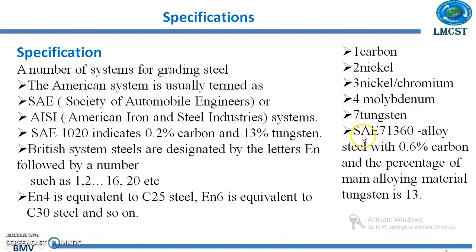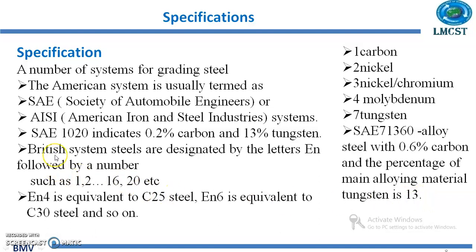SAE 1020 indicates 0.2% of carbon. And SAE 71360 means alloy steel with 0.6% of carbon and the percentage of the main alloying material, that is tungsten, equal to 13%.